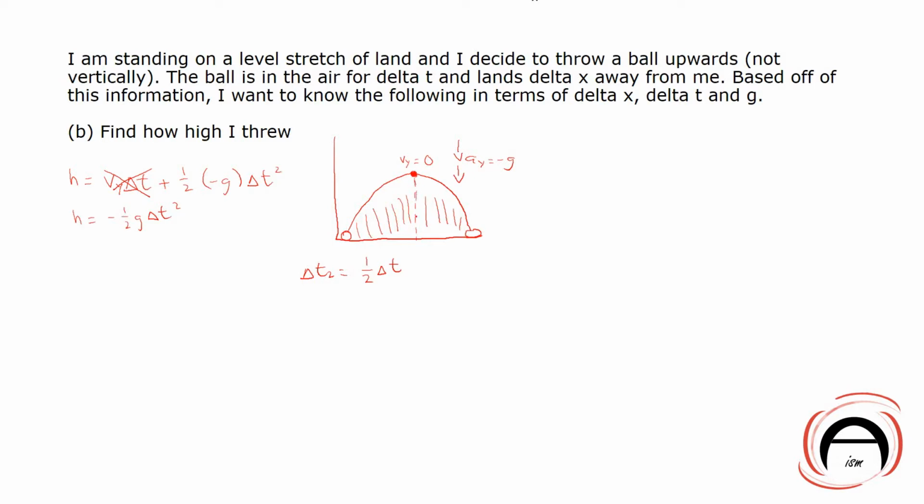If this whole area goes over the span of delta t, right here you're going to be at 0, and then right here you're going to be halfway done with the time. So we're going to put that over 2, and our h is going to be equal to 4 times, so negative 1/8 g delta t squared.